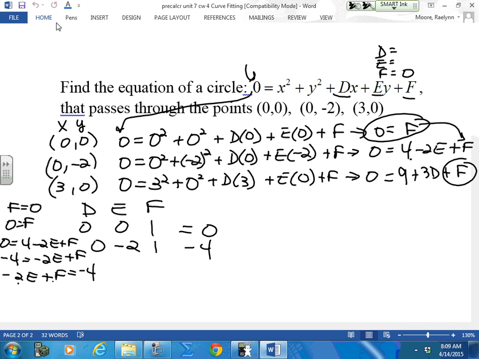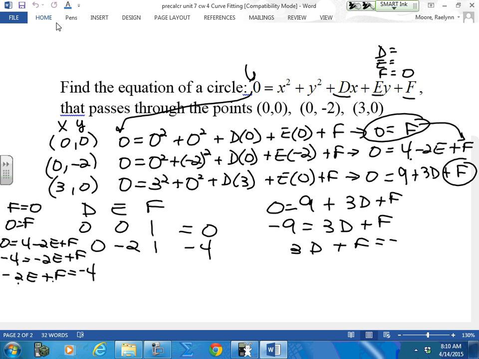Let's look at this guy. Okay, let's move the 9 over. Swap them around. Which one is missing? E. So, these 3, E would be what? 0.